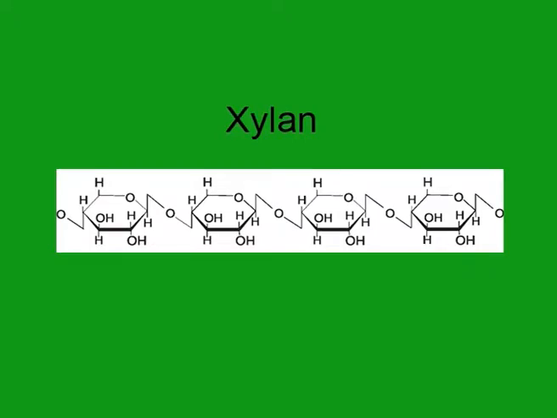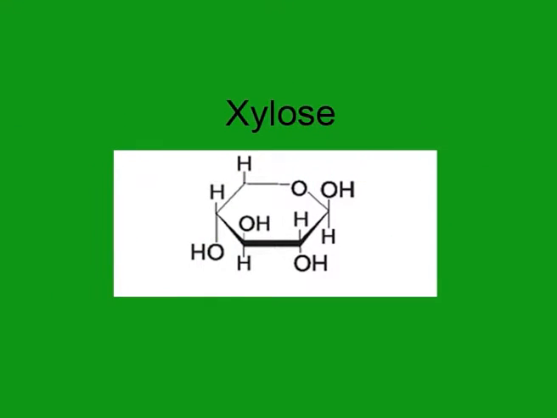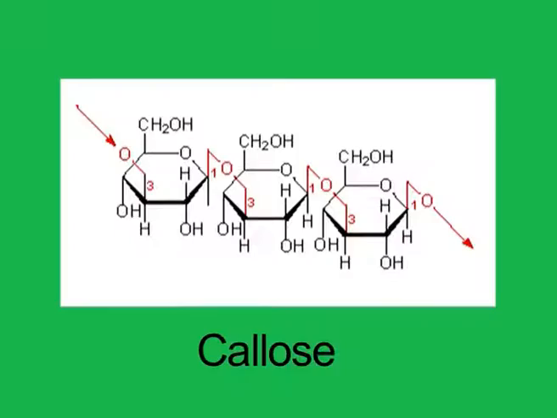So xylan is a xylose-containing polysaccharide, and the bond is beta 1,3. Other examples are callose. Callose is found in new green plants, and it is a glucan. The monosaccharide which comprises callose is glucose, and the beta 1,3 linkage is there.